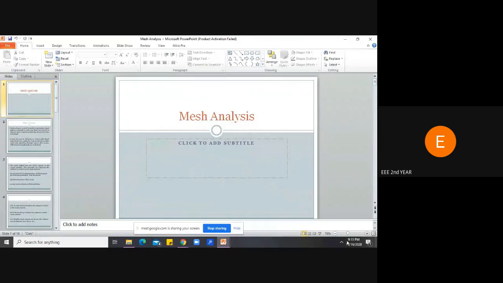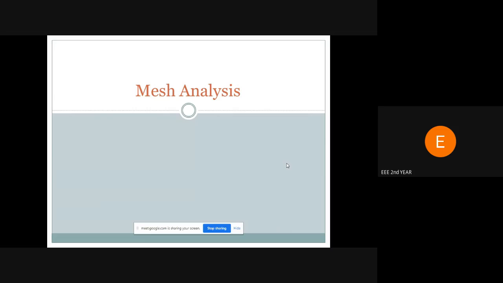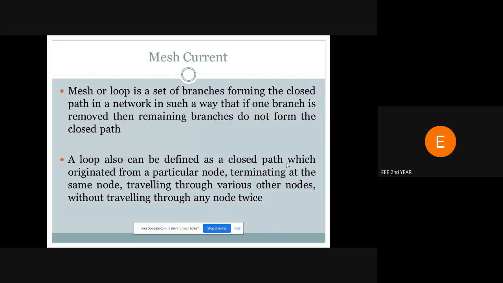First of all, we already discussed the basic terminologies and what is meant by mesh. A mesh is a closed loop. A mesh or a loop is a set of branches forming a closed path in a network.